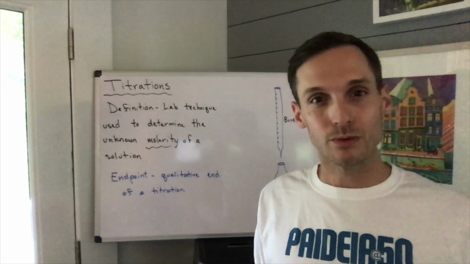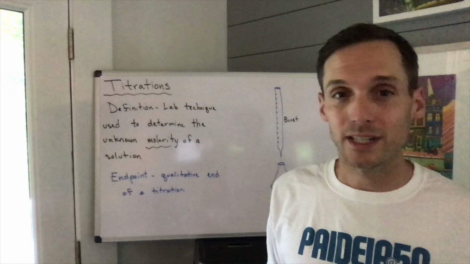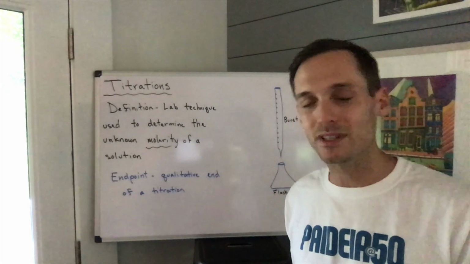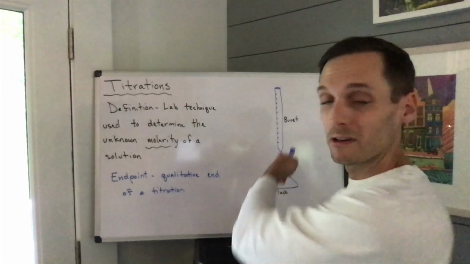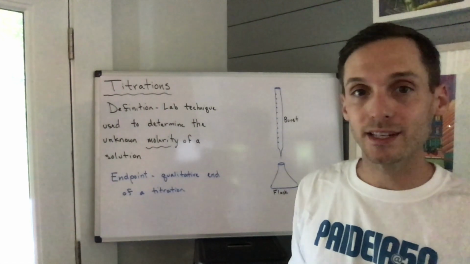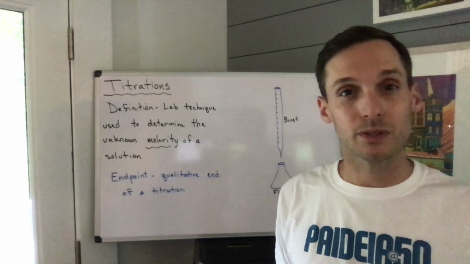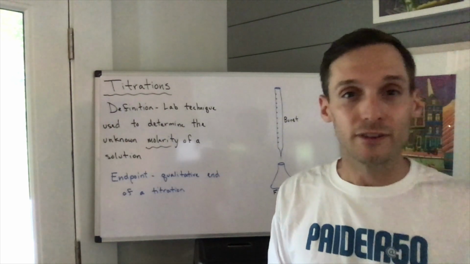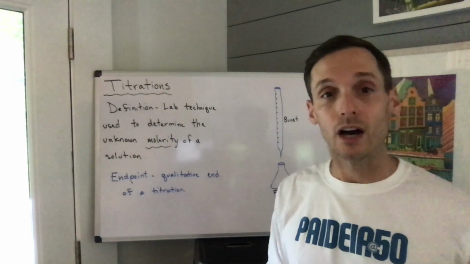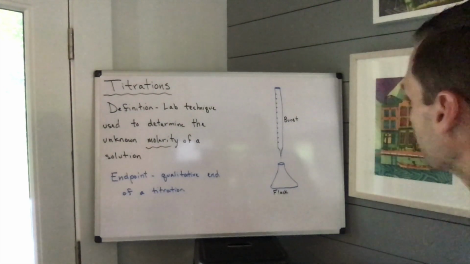Do you remember what we used in lab? It was the graduated cylinder, right? We didn't use a beaker because it wasn't as precise. Well, this burette is even more precise than the graduated cylinder, so it's able to give us volumes very, very precisely, down to the hundredths of a milliliter.